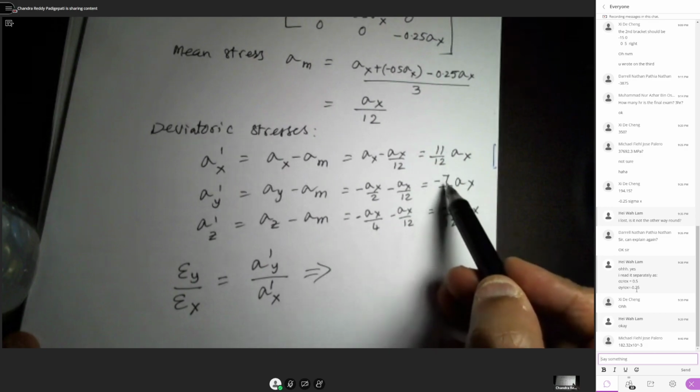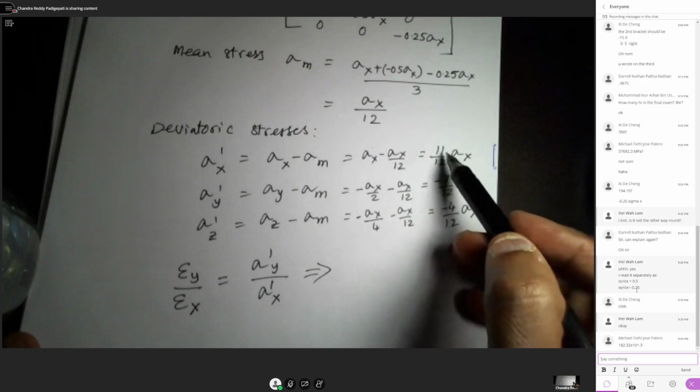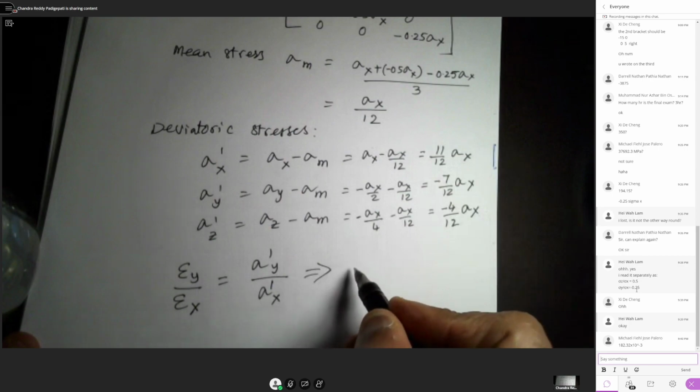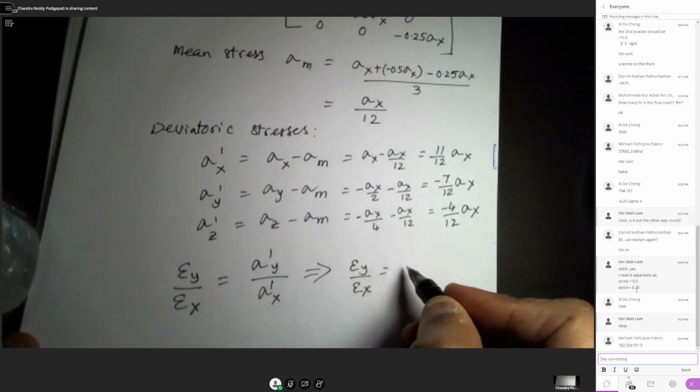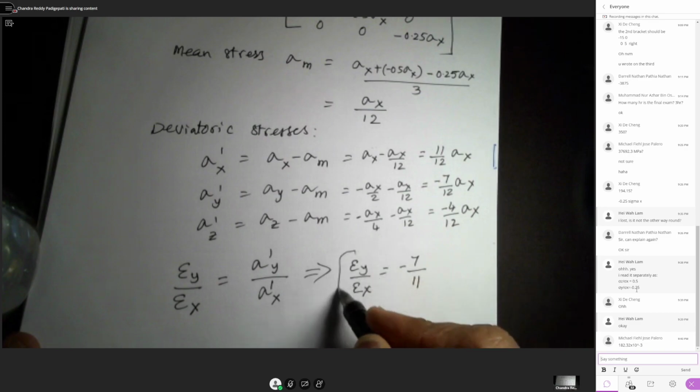So you know this is negative 7 over 12 and this is negative 11 over 12. So if you take this ratio, you get epsilon y over epsilon x is equal to negative 7 over 11.